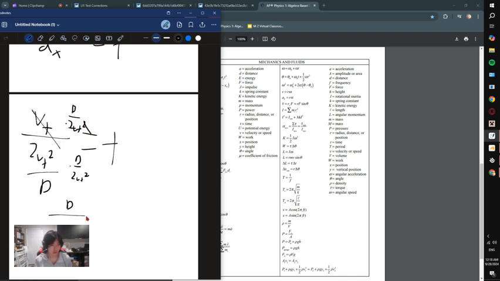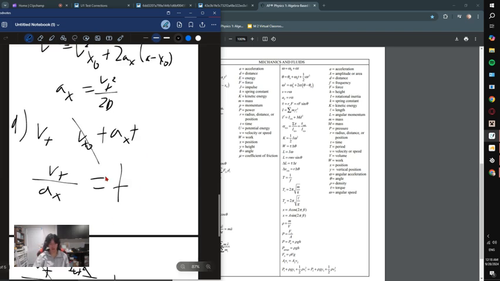That's d over 2Vt equals T. And then I think we can simplify this further, since Vt is equal to d over td, as seen up here.